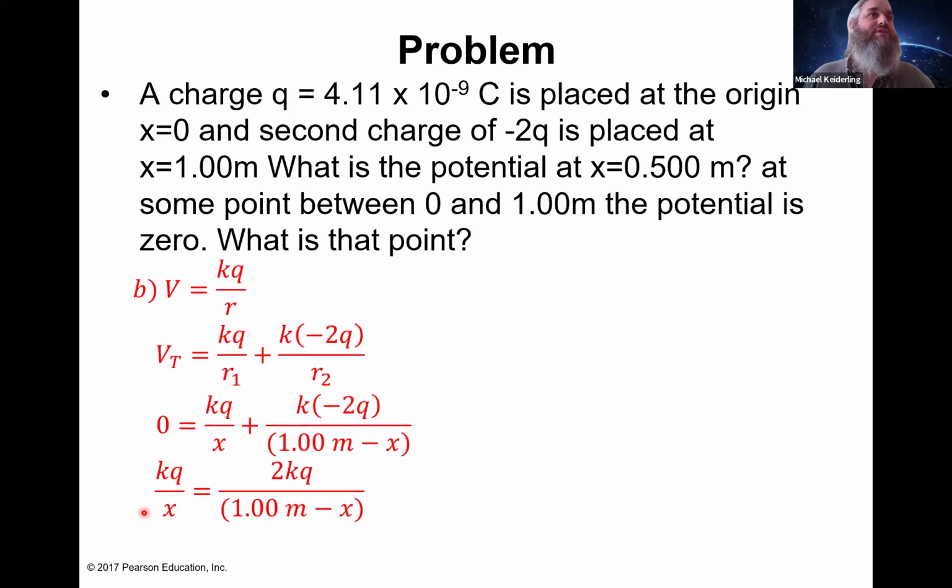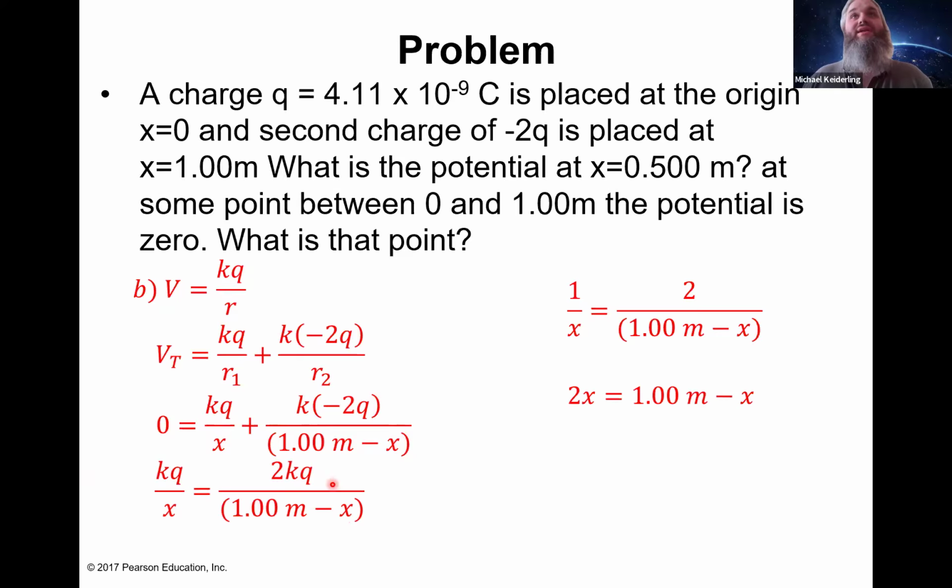We get KQ over x equals 2KQ over 1 minus x. You can cancel KQ from both sides. So 1 over x equals 2 over 1 minus x. So 2x equals 1 minus x, so 1 equals 3x, x equals 0.33 meters.